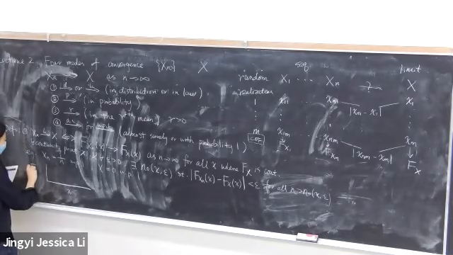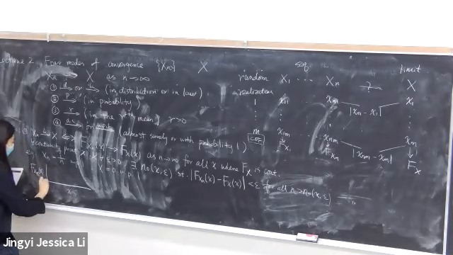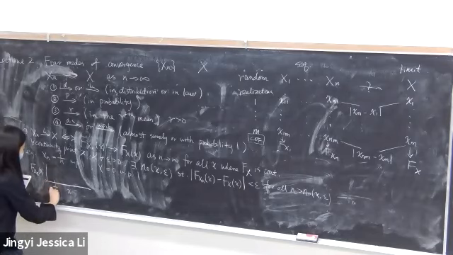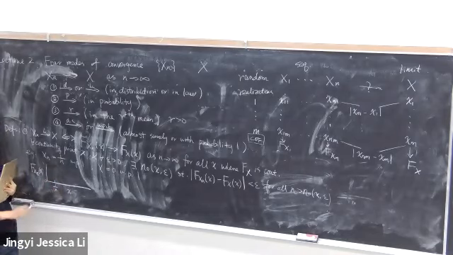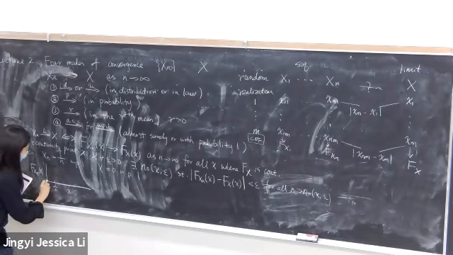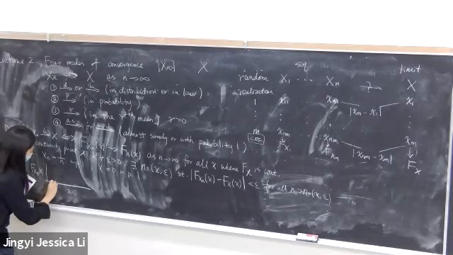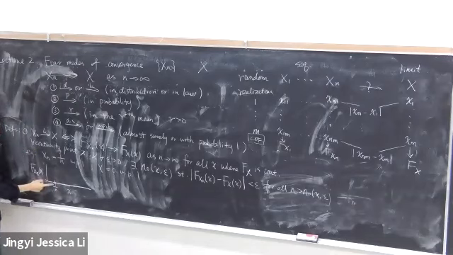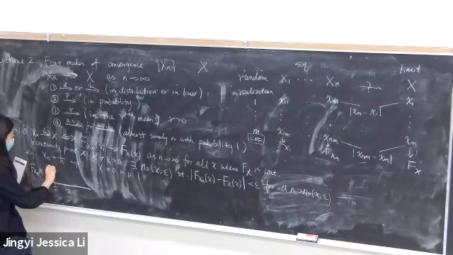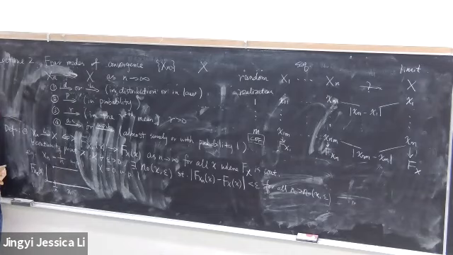F_{X_n}(x): if 1 over n is right here, then the CDF will stay at 0, with an open circle here. It doesn't take the value, but once it hits 1 over n, it will jump to 1 and stay at 1. That's the CDF.